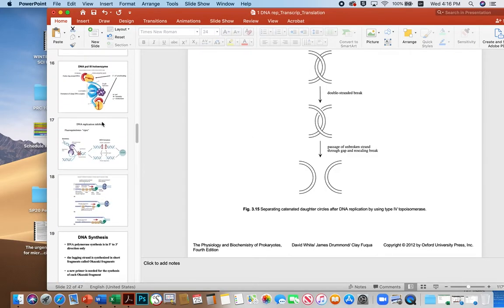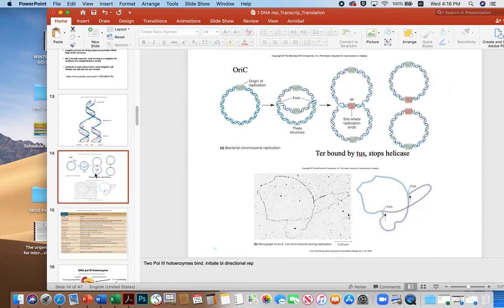So it's not pictured, but if you look at this particular slide, that would be happening here, where this chromosome would be linked to this one, like links in a chain. And then ultimately, you'd need topoisomerase to break those links and facilitate segregation of these into new daughter cells.